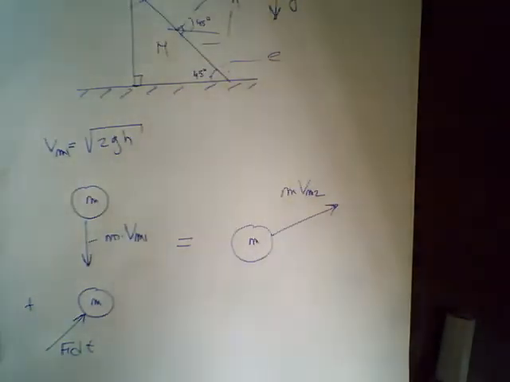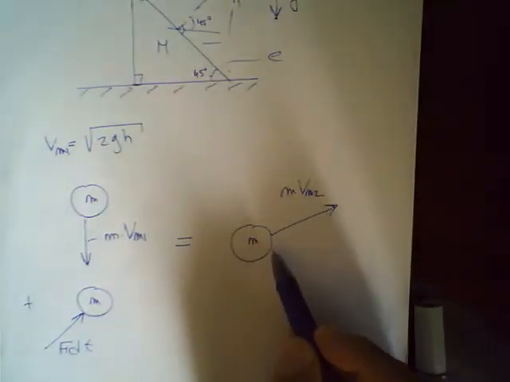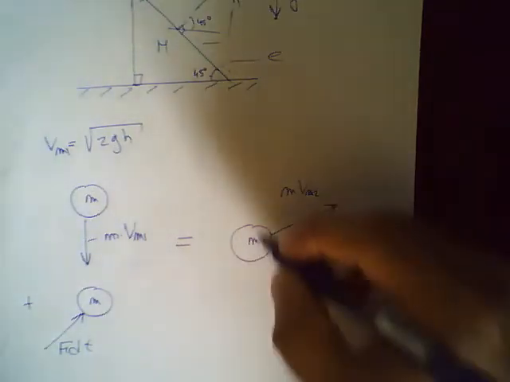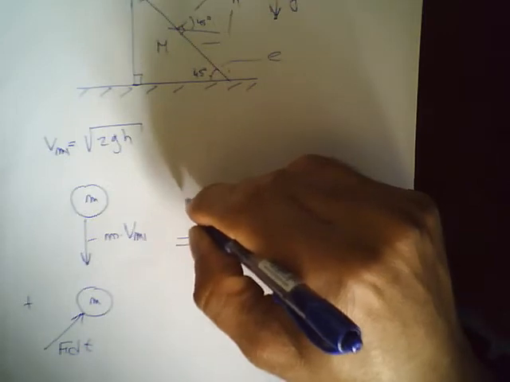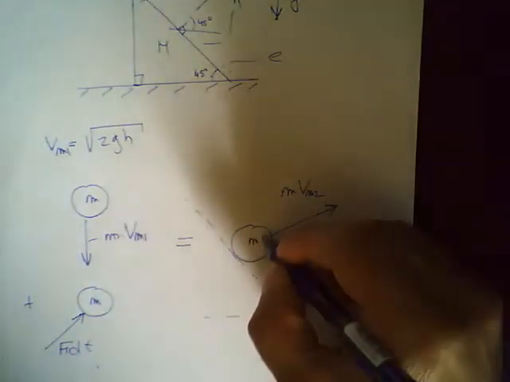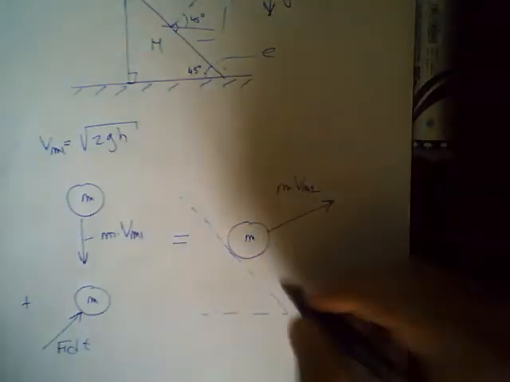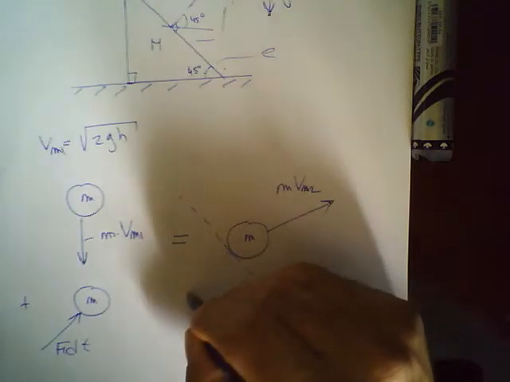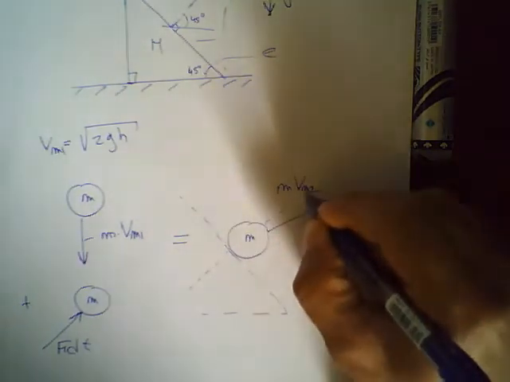Now we don't know this, and let's keep track of something: this line, which is a 45-degree line, and also our line of action. It's always a good idea to keep track of your line of action, because you would sometimes need it when you need one more equation from the coefficient of restitution.